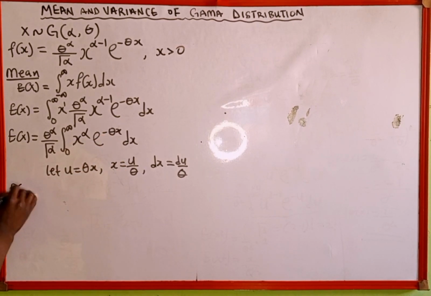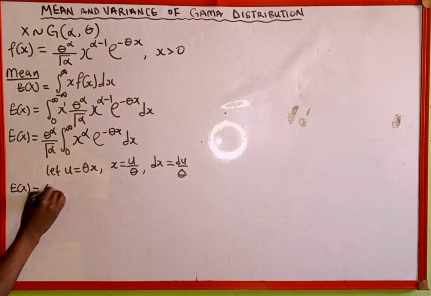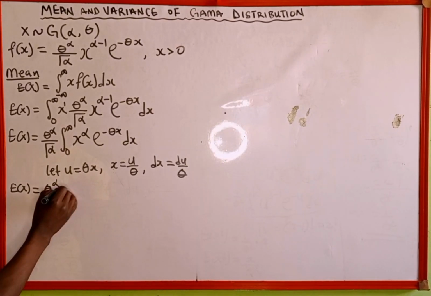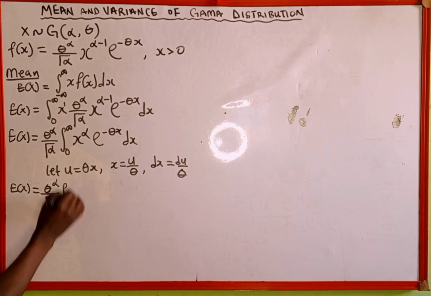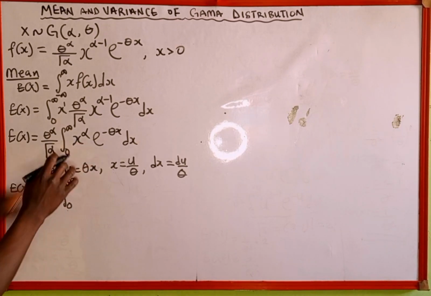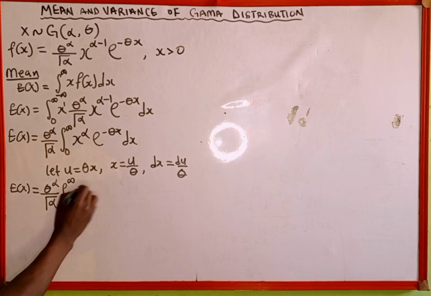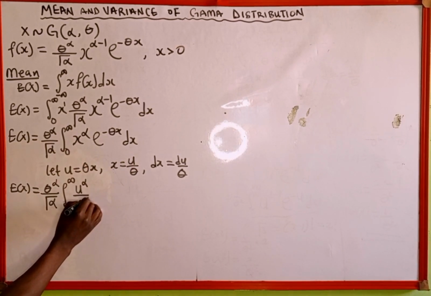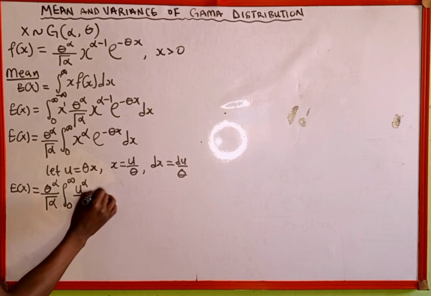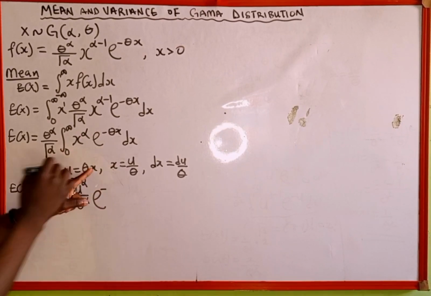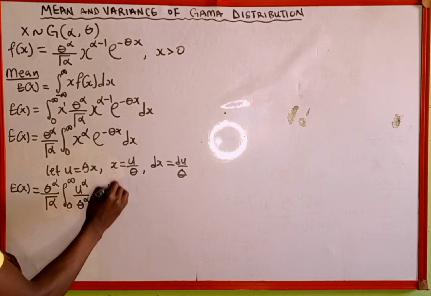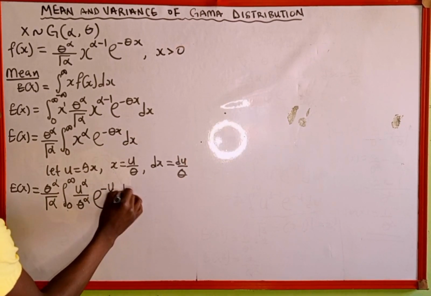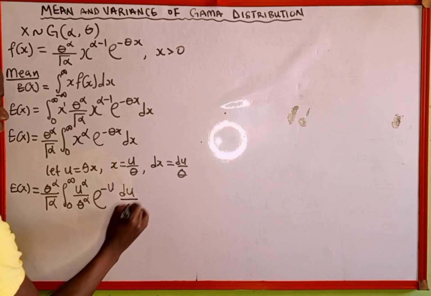The expected value of x is equal to theta raised to the power of alpha over gamma of alpha, the integral from 0 to positive infinity. In place of x is u over theta, so u raised to the power of alpha over theta raised to the power of alpha, then exponential minus u, in place of theta x, and dx is du over theta.